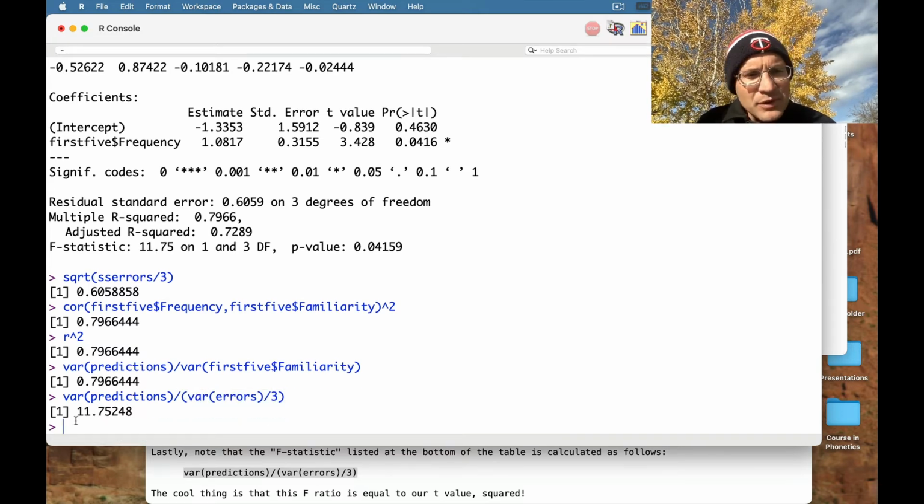That will give me 11.75. This is a ratio. And the only time we've played around with ratios of variances before is when we were looking at that F test a while back. But this is going to give us an F statistic. It's also going to have 2 degrees of freedom, and there's going to be a p-value associated with it.